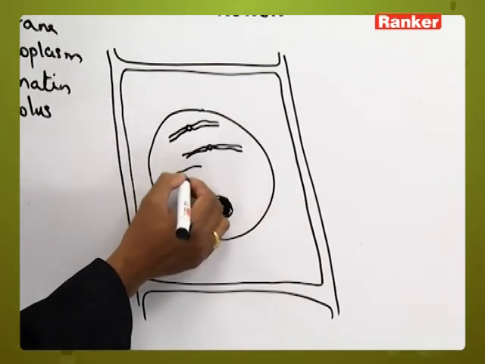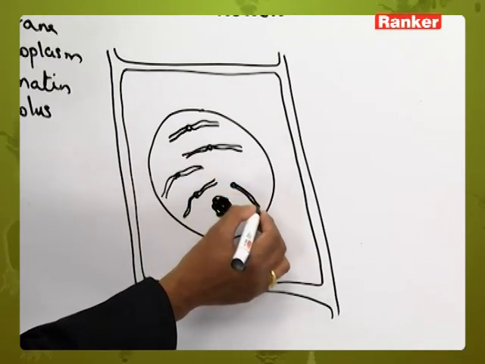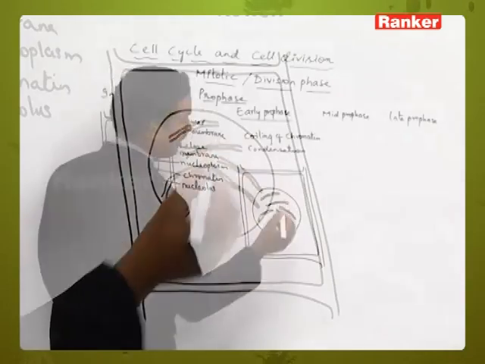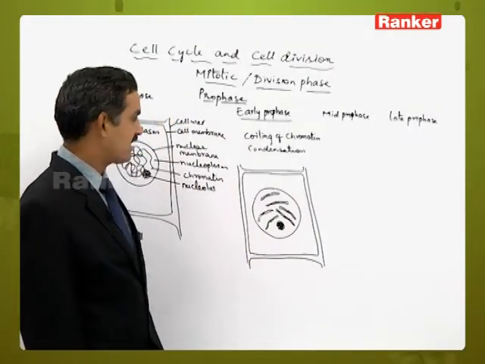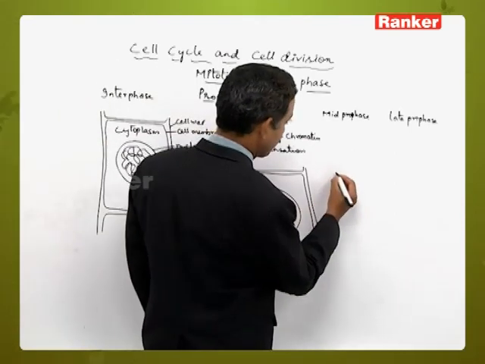This type of small structures will be formed due to the condensation of the chromatin material. So here we can see a definite structure, short and rod-shaped structures, formed during the early prophase, where the condensation of chromosomes takes place.